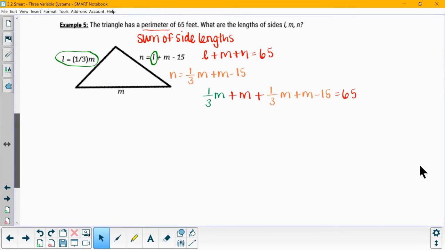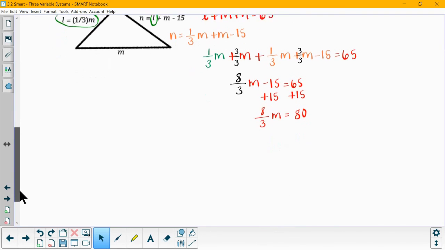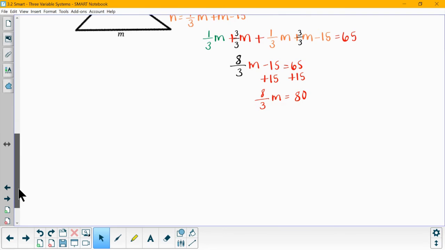Now, to make our lives easier in combining the M's, I'm going to rewrite my 1 as 3/3. So remember, when you're adding fractions, you're just going to add the numerators when the denominators are the same. So 1 plus 3 plus 1 plus 3 is going to give me 8/3 M minus 15 equals 65. I'm going to add 15 to both sides, which is going to give me 8/3 M equals 80.